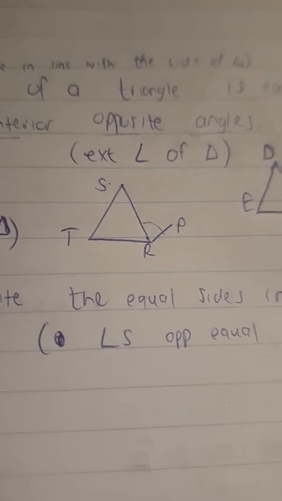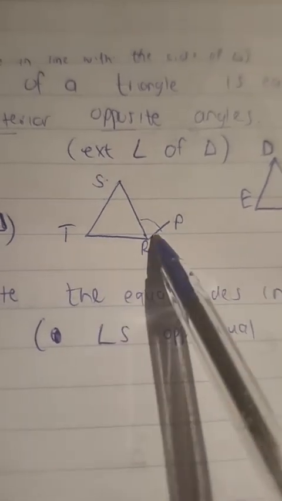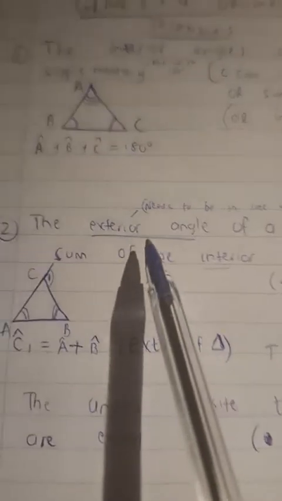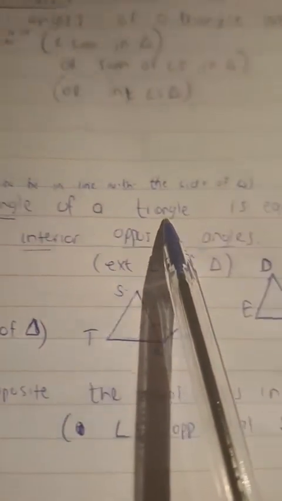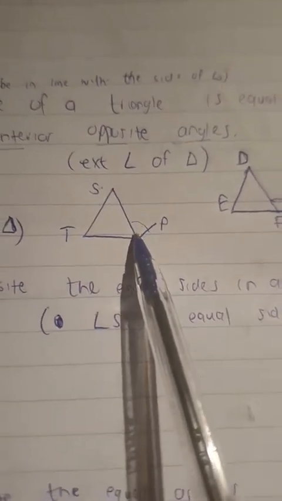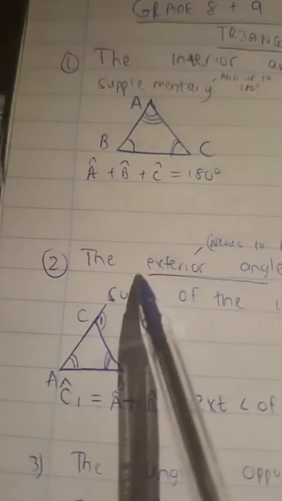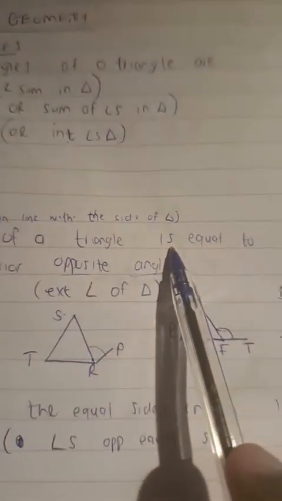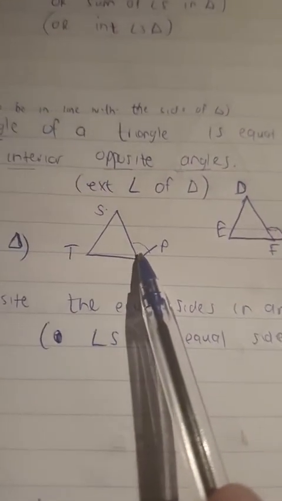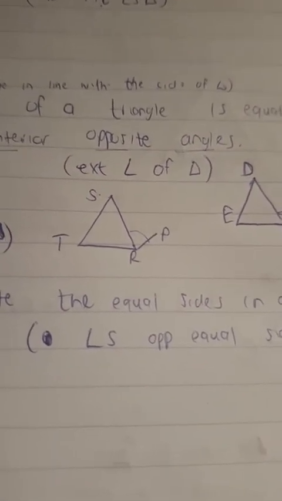But the question I'm asking is, is this exterior angle the same exterior angle that we talk about in this theorem? The exterior angle of a triangle, which is equal to the sum of the interior opposite angles. Is this exterior angle the one? You can answer that question now.